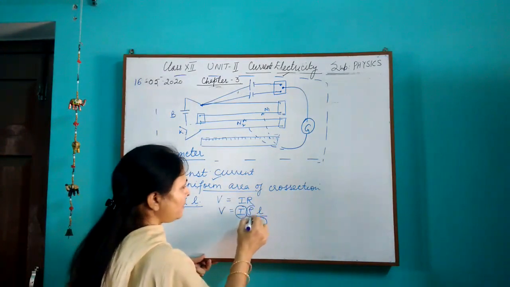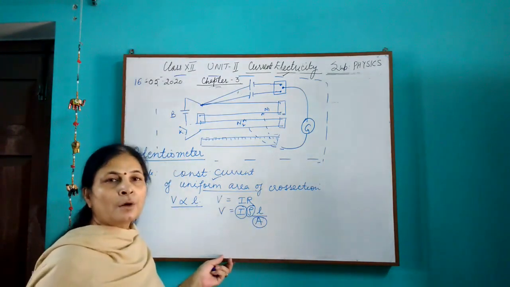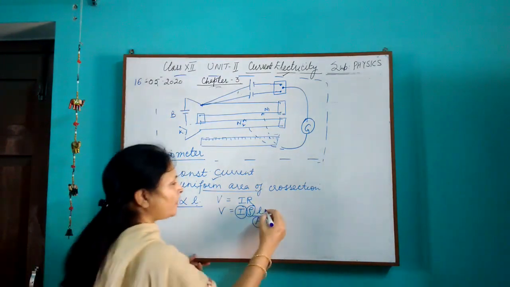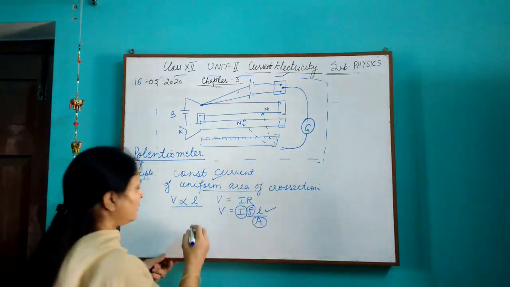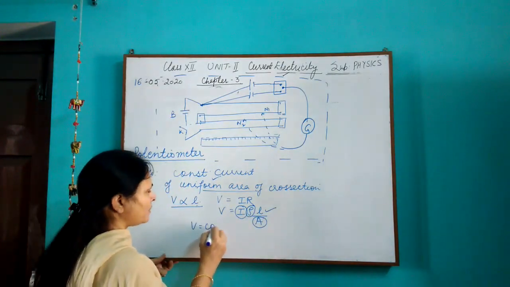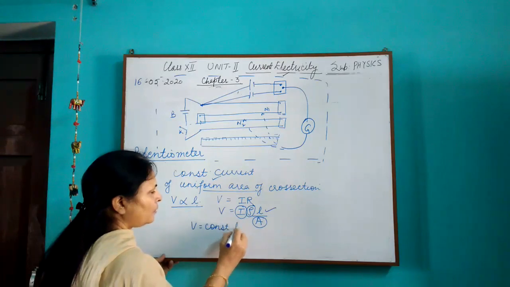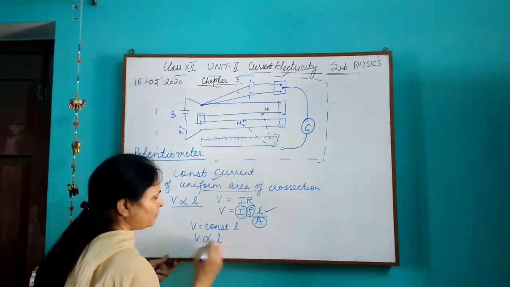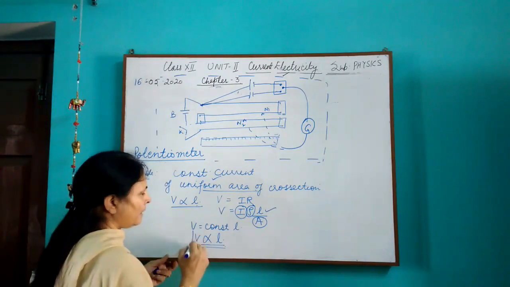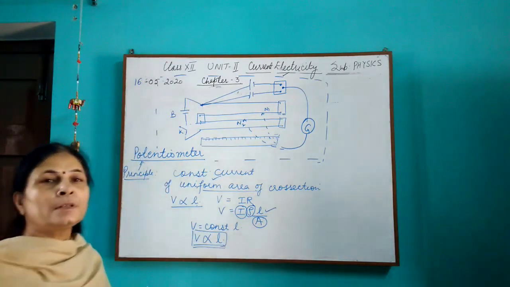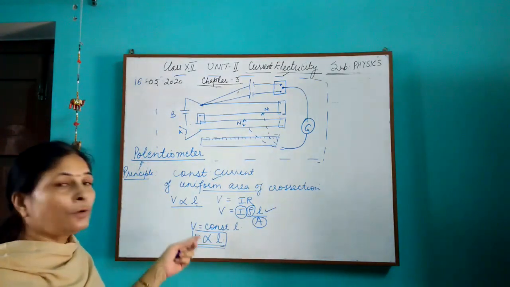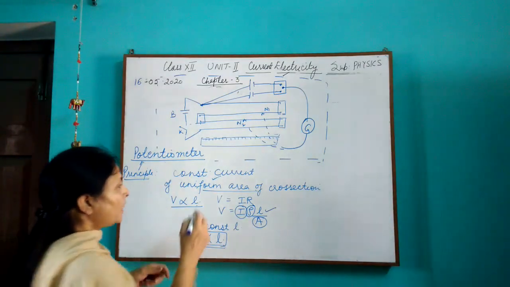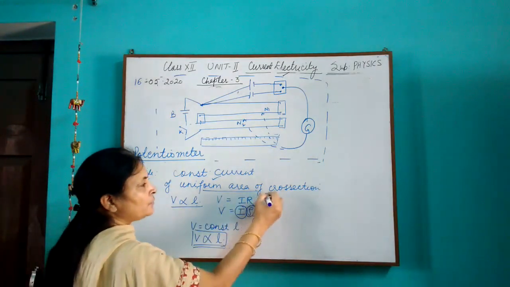Rho is already a constant. Now what remains? L. That means V is equal to a constant into length. What does it mean? V is proportional to L. So this is the principle of working of the potentiometer. Now uniform area, will come back to this again.